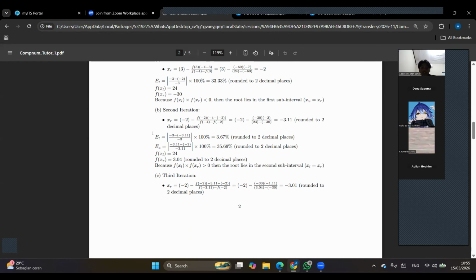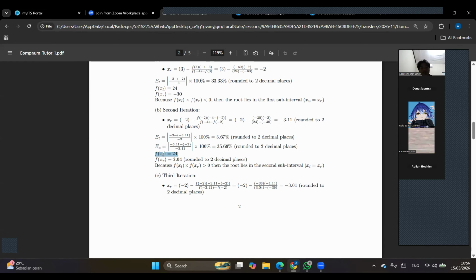After this, we calculate the error true, and then we calculate the error approximation too. We got 3.96, 3.67, and the error approximation is 35.69%.